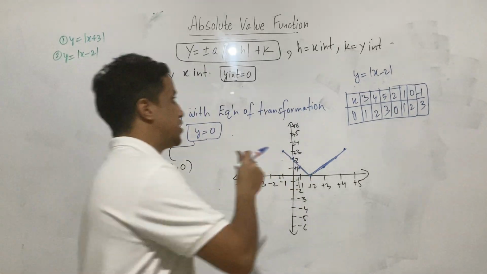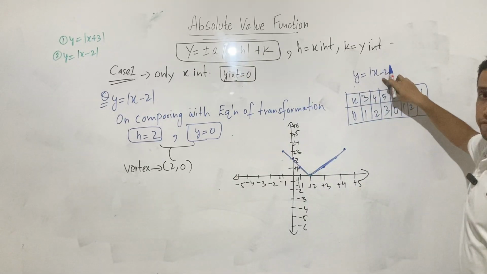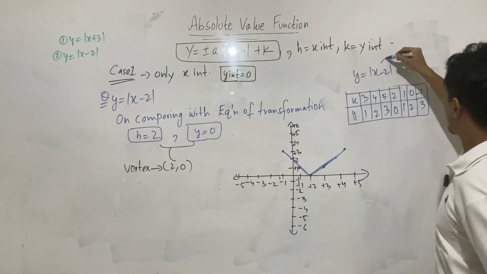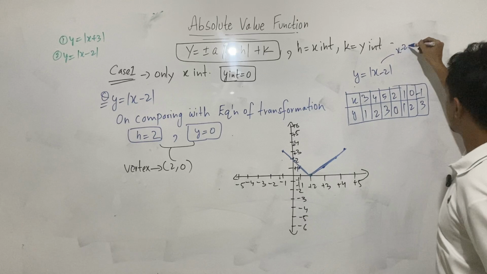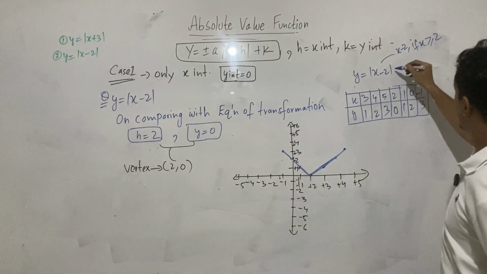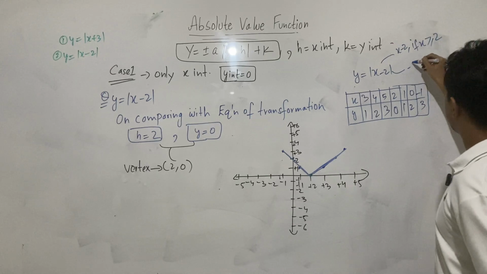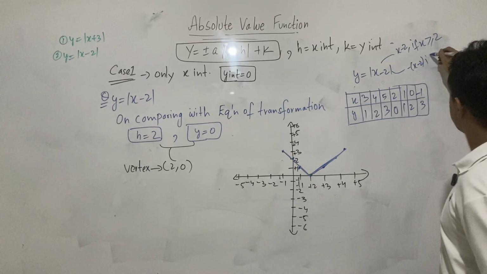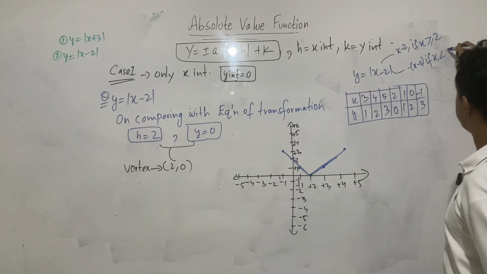Now see here, the modulus function of x minus 2 is going to be x minus 2 if x is greater than or equal to 2, and minus of x minus 2 if x is less than 2.